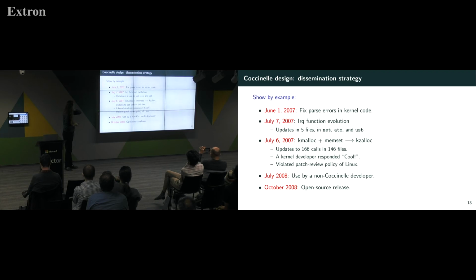In 2007, the first thing we did was to fix some parse errors in Linux kernel code. A nice feature of our approach is that since we are not finding header files, we're not expanding macros, we're not looking at ifdefs in any great detail, we can actually be more comprehensive than a standard parser. When you compile the kernel, you're compiling it for x86, or for ARM, or something like that.